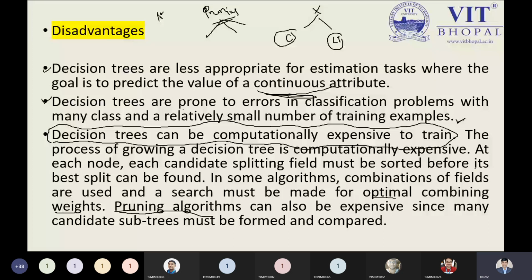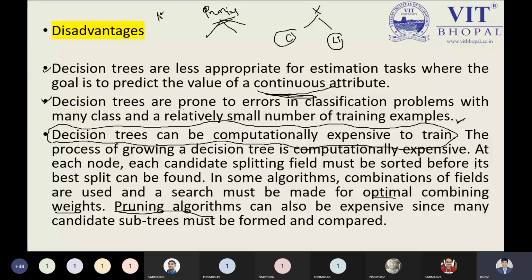I have observed this many times when writing code: compared to linear regression or any kind of regression approach, decision tree takes much time for fitting our data, involving training and testing. While building the model, it takes much time on the training data, so the computation is a little bit complex. That is the point we need to keep in mind.